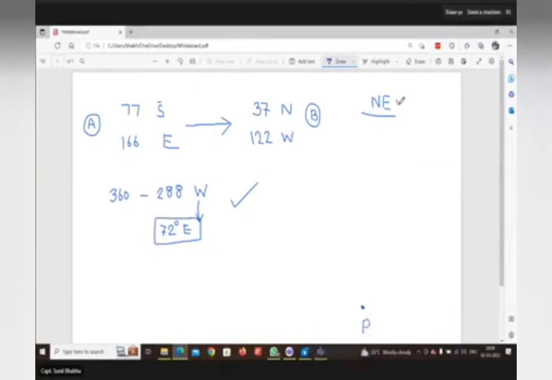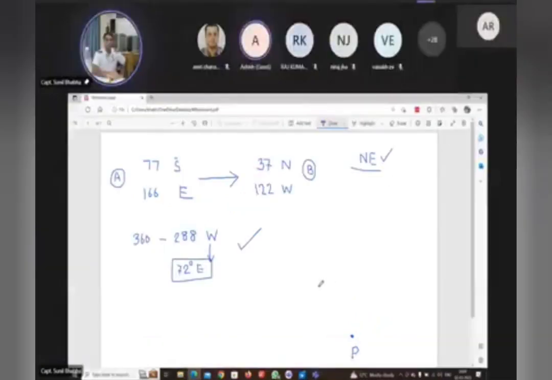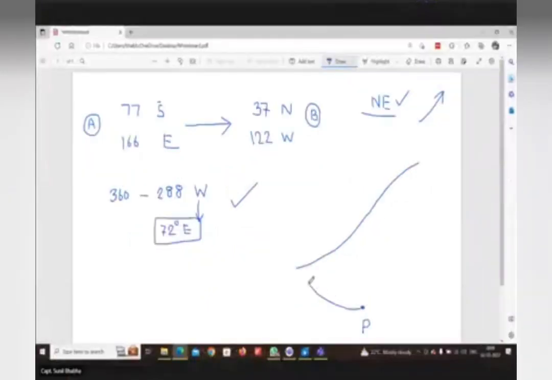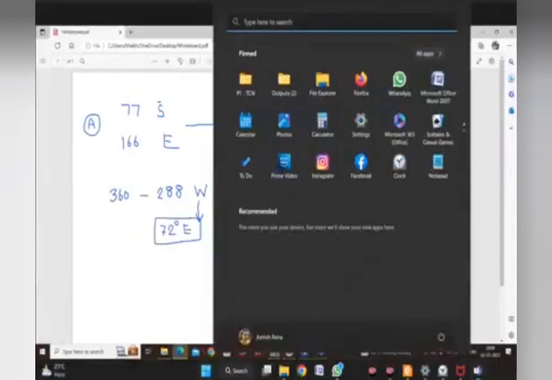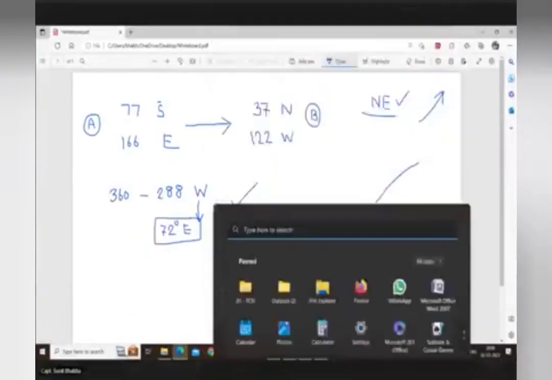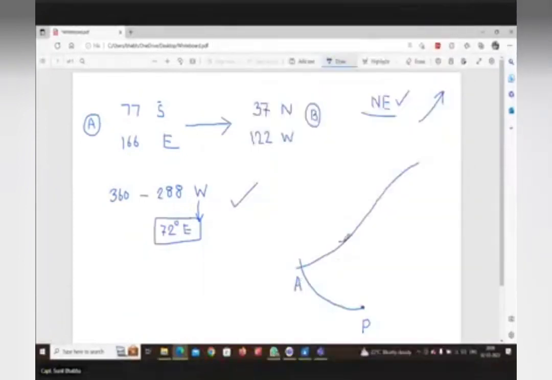I am moving in the northeasterly direction. So northeasterly direction means something like this. This is how I'm moving. So let me make the great circle track. So I made the great circle track. My first position will come here. This is A. I am moving like this in the northeasterly direction.